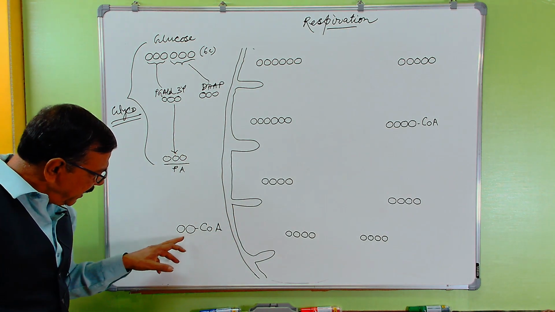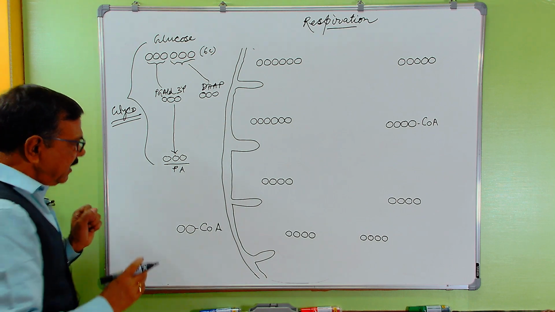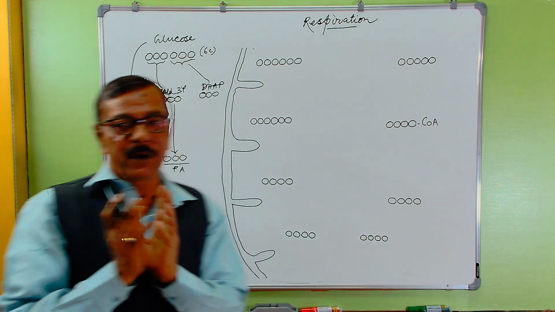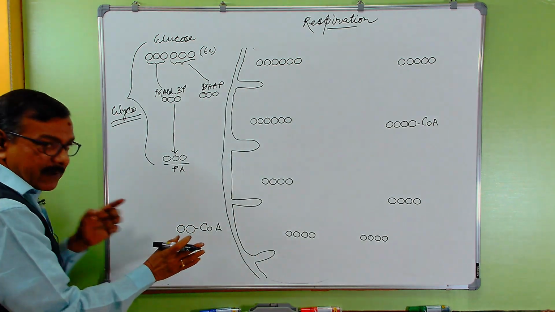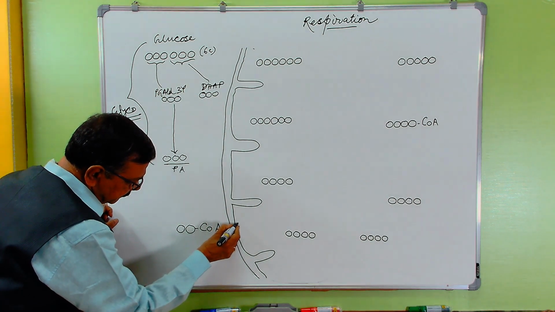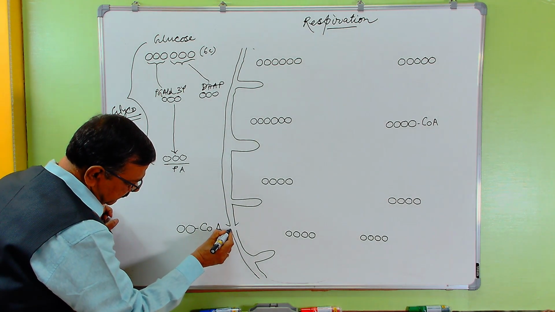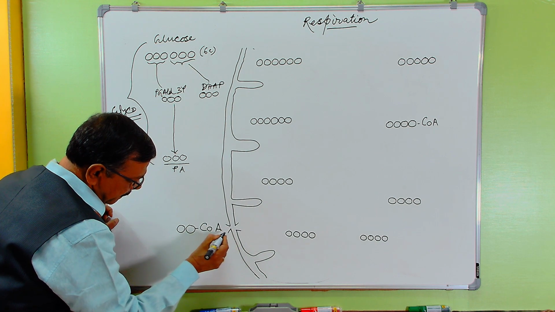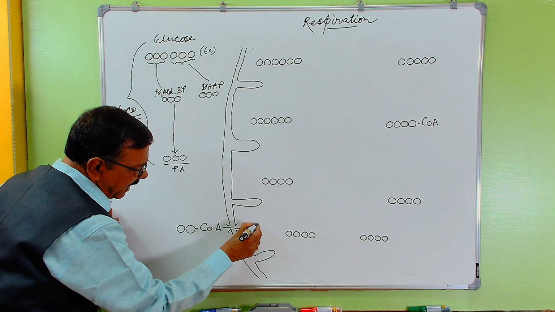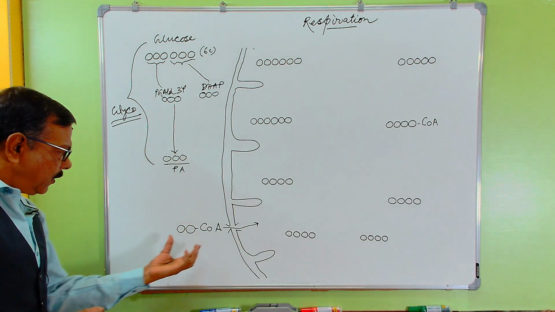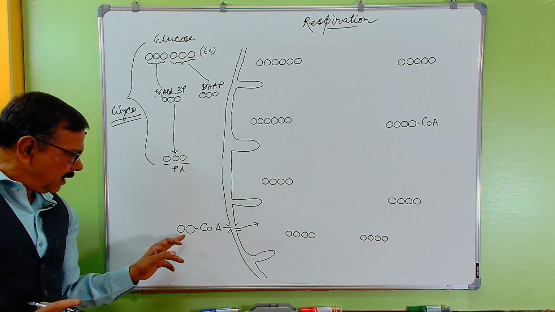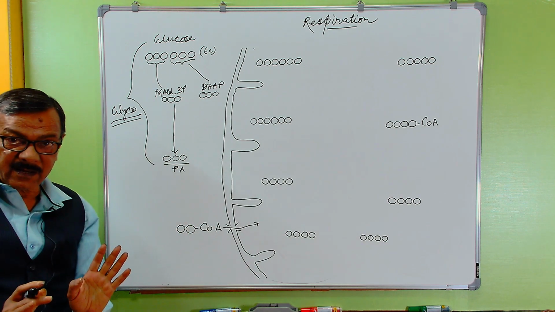This 2 carbon CoA is a good transporter of carbon because it is only a small opening. So from this small opening, this 2 carbon can enter. In order to enter and to complete the cycle, this requirement is necessary.